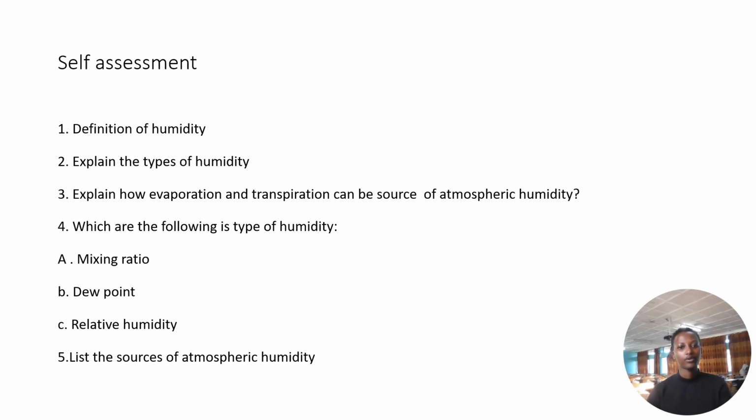So, how can evaporation and transpiration be sources of atmospheric humidity? When the sun hits water bodies, they evaporate. Those vapors contain water vapor, which can increase the humidity in the air, or increase the amount of water in the air.